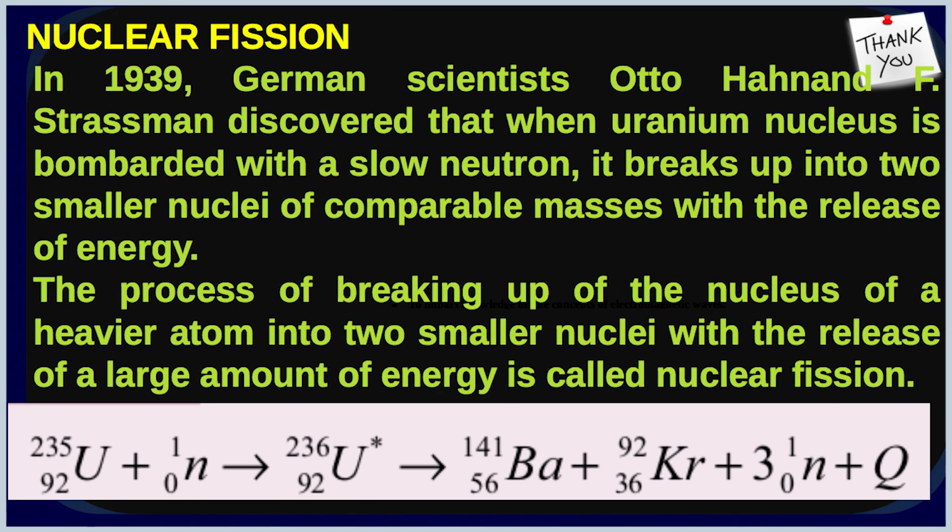Now, some phenomena concerned with the nucleus, and one of them is nuclear fission. In 1939, German scientists Otto Hahn and Strassmann discovered that when the uranium nucleus, which is unstable because its binding energy per nucleon is much less compared to iron, is bombarded with slow neutrons, it breaks into two smaller nuclei of comparable mass with an enormous amount of energy.